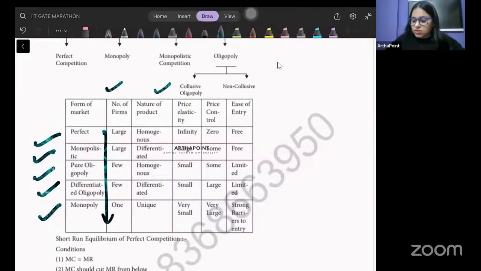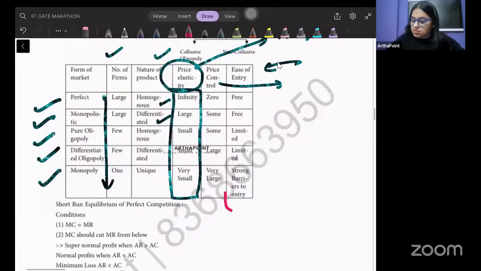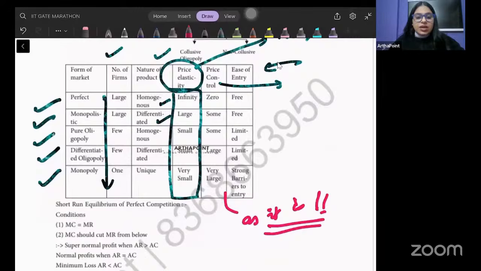Type of product, it can be homogeneous or differentiated. Price elasticity, this is very important. This can come as an MCQ question. Whether you have any price control or not, and whether there is free entry or exit. Just revise this table as it is. This is a very important table.